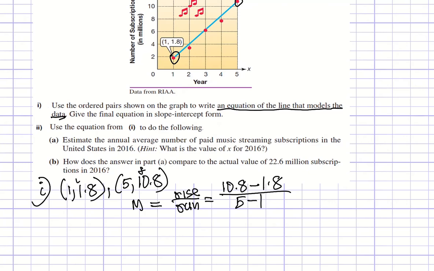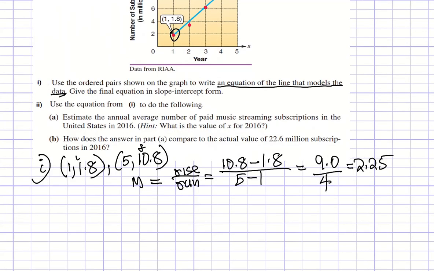Subtracting, you get 9.0 over 4. So the slope is 2.25.